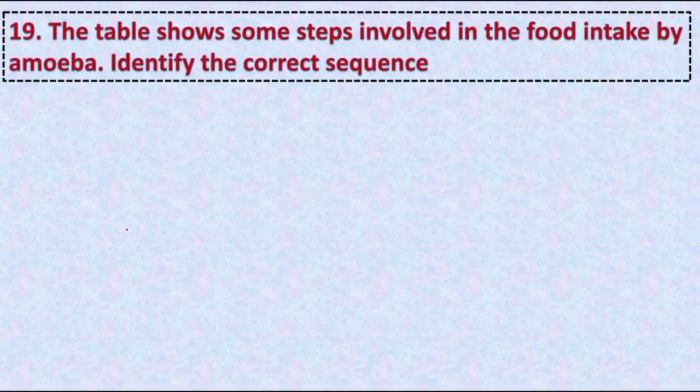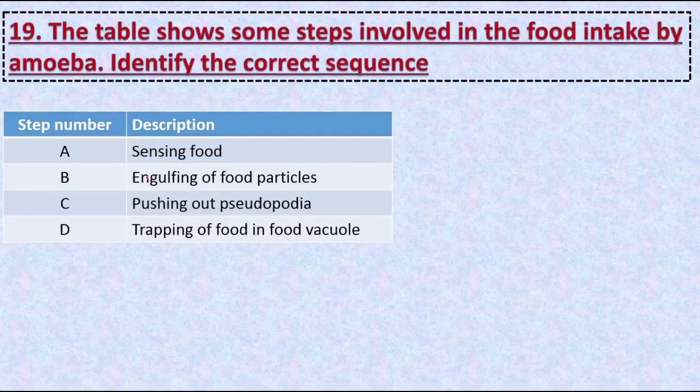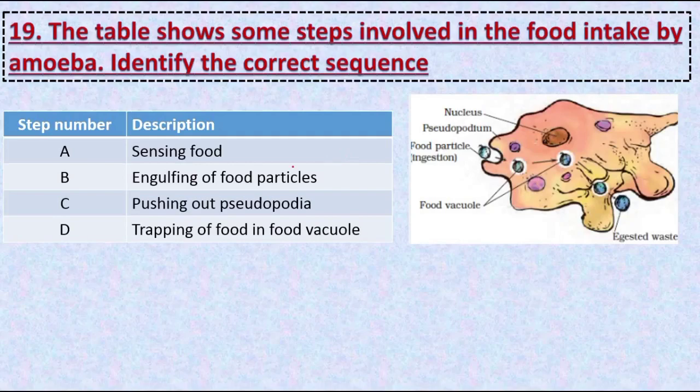Next one. The table shows some steps involved in the food intake by amoeba. Identify the correct sequence. As soon as the amoeba detects the food, it senses the food, then it pushes out its pseudopodia, that is false feet, towards the food. After that, it swallows the food particles. Engulfing of the food will happen.